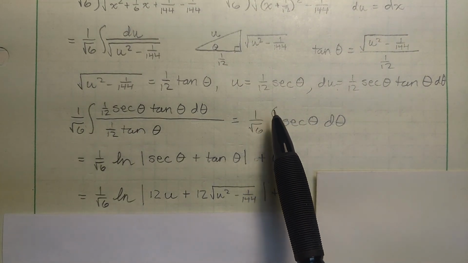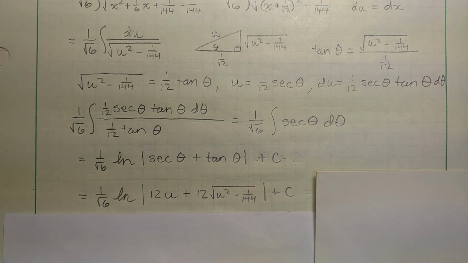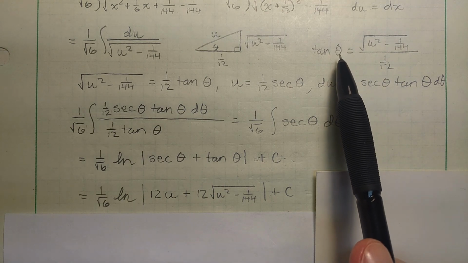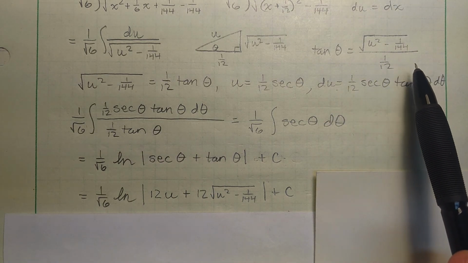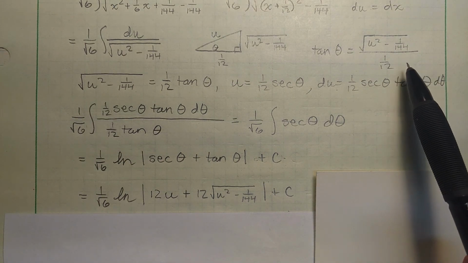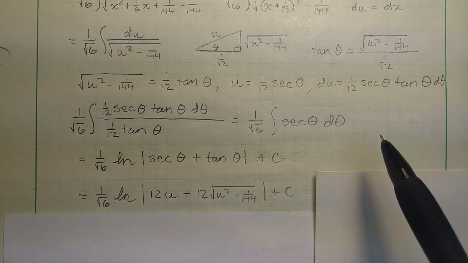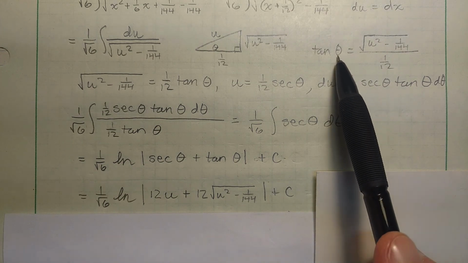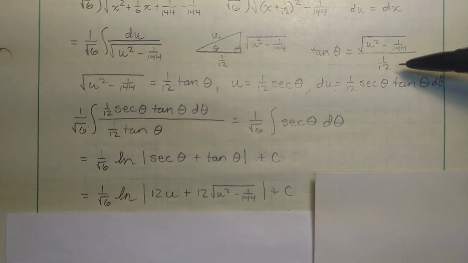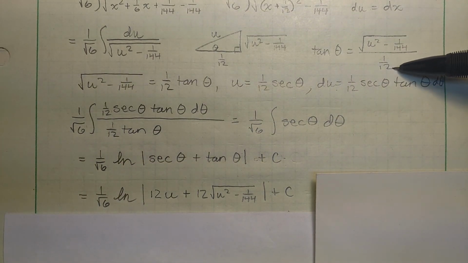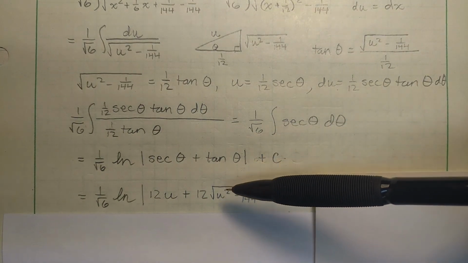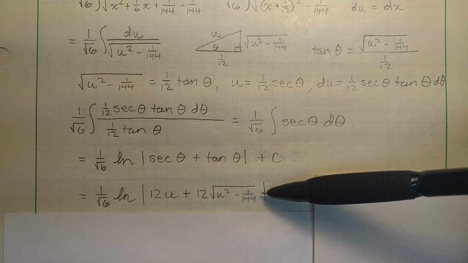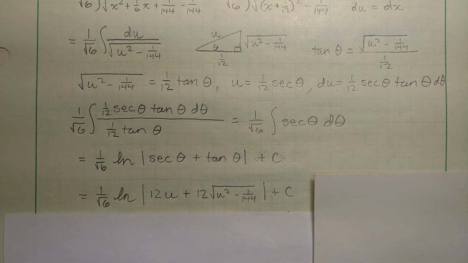Going back up here and looking at the tangent of theta, if I want to get tangent by itself, if I divide this by 1/12, that's the same thing as multiplying by 12. So I get that it's just going to be 12 times that square root plus c.